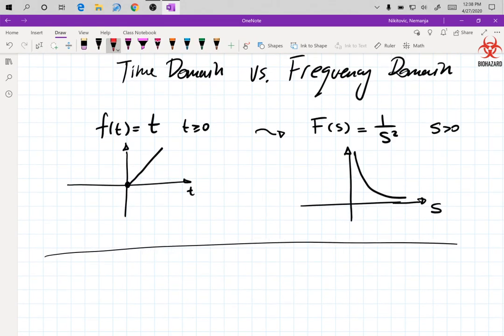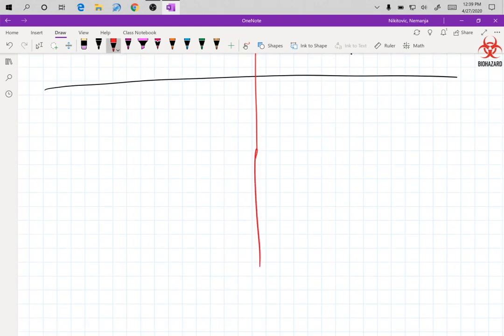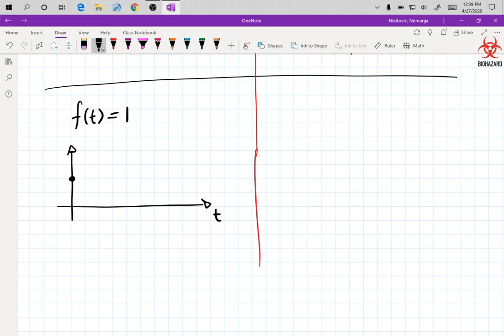Maybe I should just draw this, right, to split the two domains. If your input function f of t is just a signal 1, that's all it is.